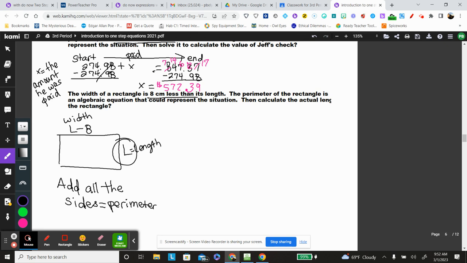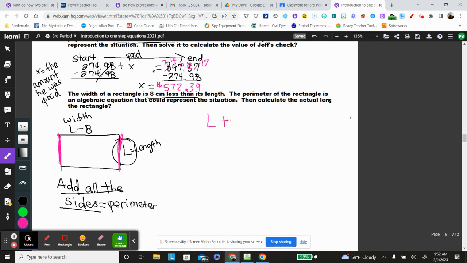All right, the perimeter of the rectangle is some algebraic expression that can represent the situation. We're going to calculate the length and the width. So how do I know I found perimeter again? Add the sides. What's this side? L. What's this side?